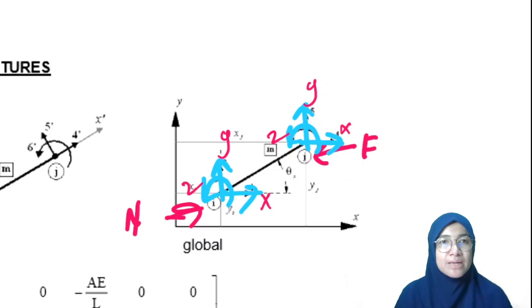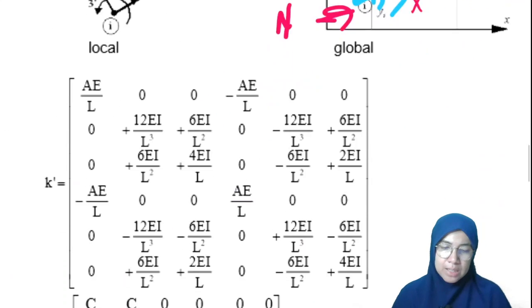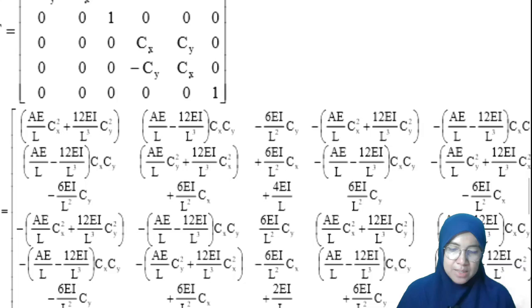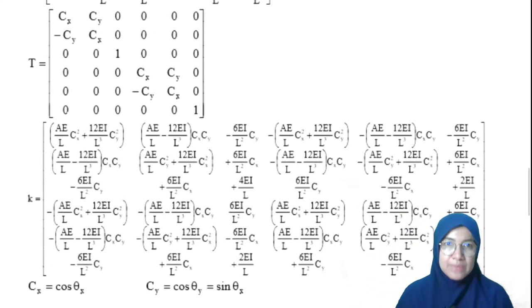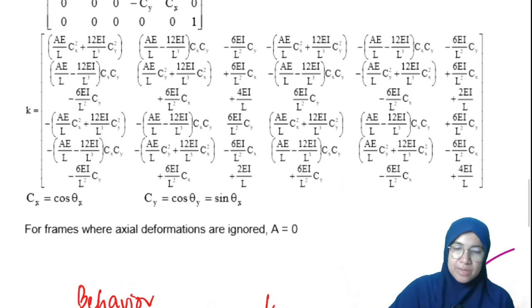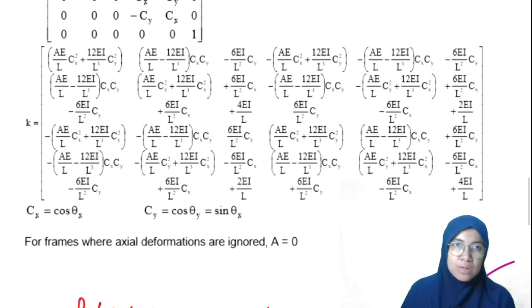Okay, we have near as well as far. So in the formula we have a 6 by 6 matrix, like this. The first 3 columns and the first 3 rows are actually for the near end.